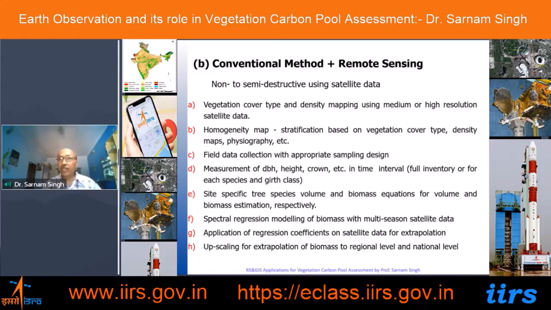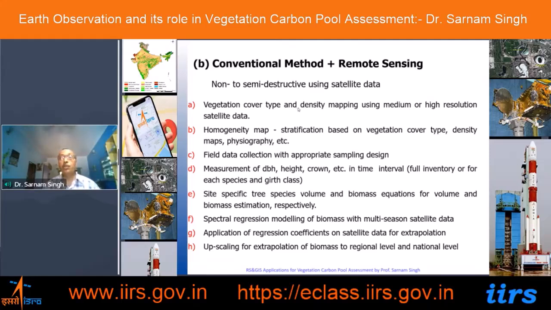Site conditions are not poor, maybe 30 years old, but the diameter is very small. Whereas the same sal, suppose it grows in the Shivalik Hills, grows much faster actually. So the volume equations and biomass equations are specific; they have to be site specific. That means for UP it will be different, for Himachal it will be different, for Uttarakhand it will be different.